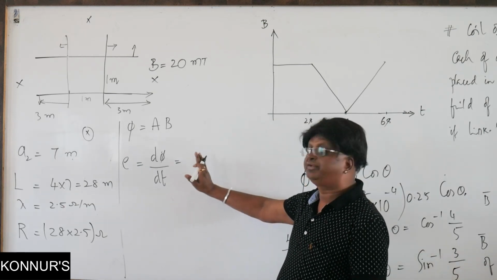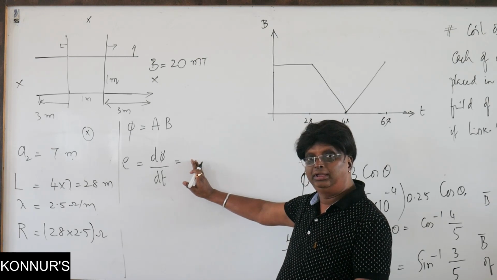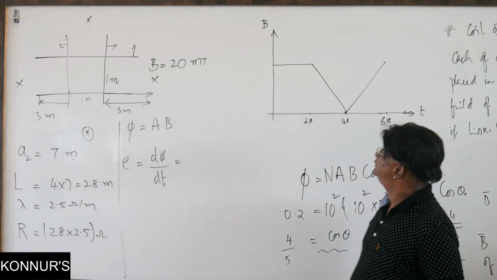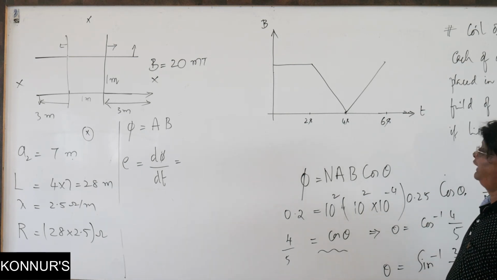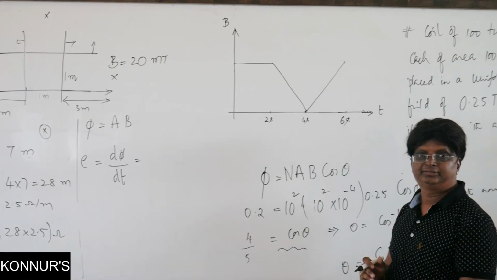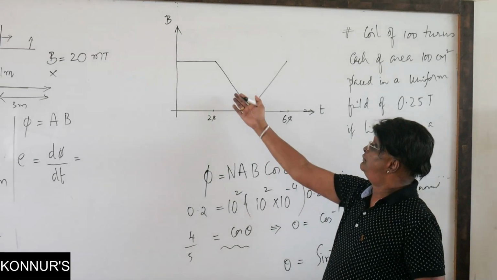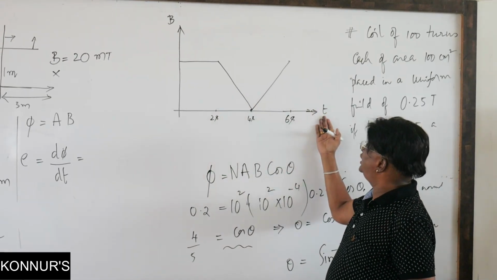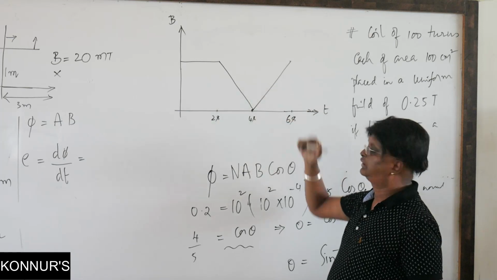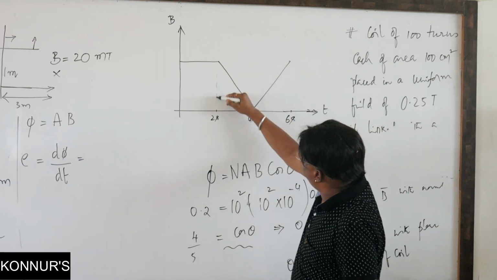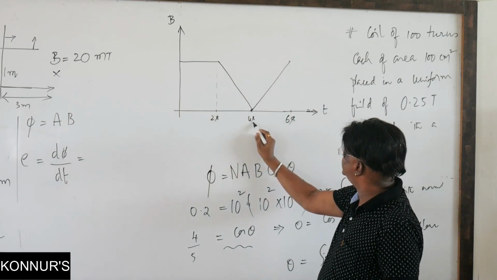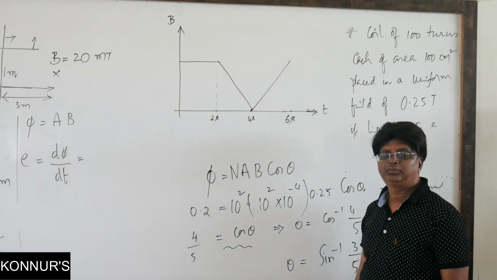Now here, the same concept is asked in a graphical method. Now the question says a coil is placed in a space where the magnetic induction is varying with time according to this graph here shown, and it is going to be at intervals. So this is 2 seconds, 2 to 4 seconds, 4 to 6 seconds.